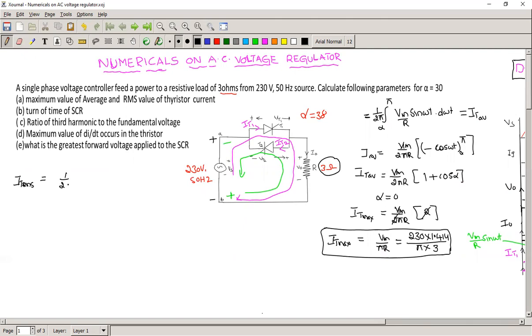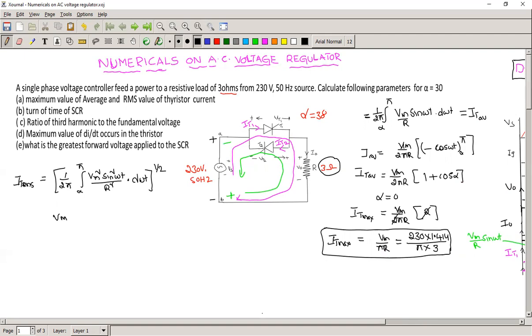1 by 2 pi, same integral alpha to pi. First we are deriving this one. Vm square sin square omega t divided by R square into d omega t, power 1 by 2. This R square is taken outside, Vm square also constant, taken outside.